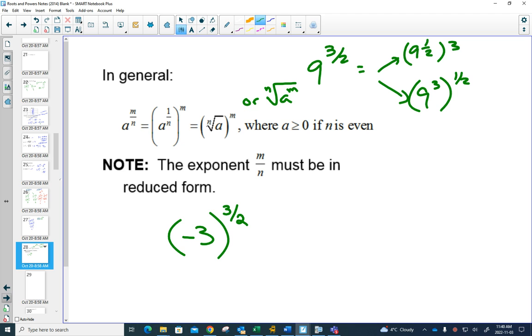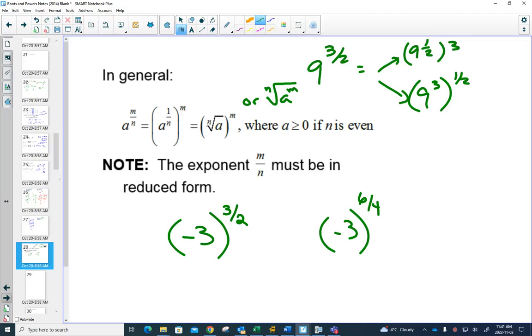And I had -3, and I had this. What do you notice about those two? They're the same. I like that idea. They're the same, because 3 on 2 is equal to 6 on 4.